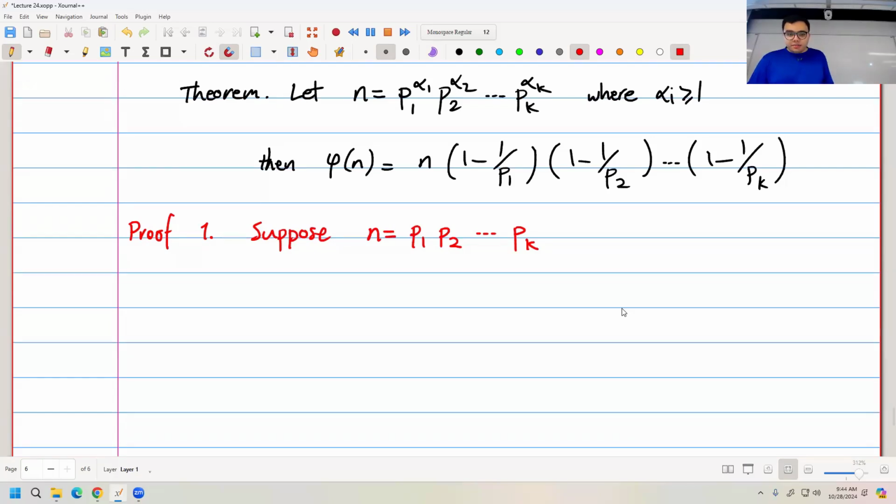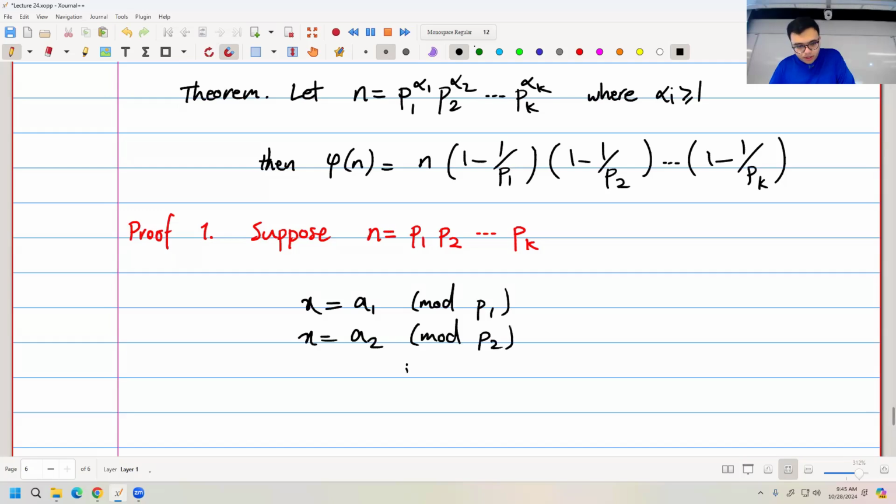But here's the thing. From the Chinese remainder theorem, I know this. I know that if I have x equals a1 modulo p1, and x equals a2 modulo p2, so on to x equals ak modulo pk, this has a unique solution modulo n.